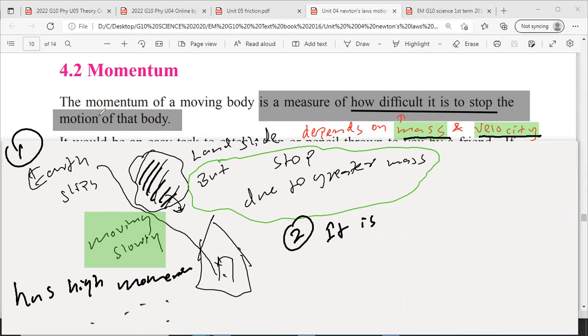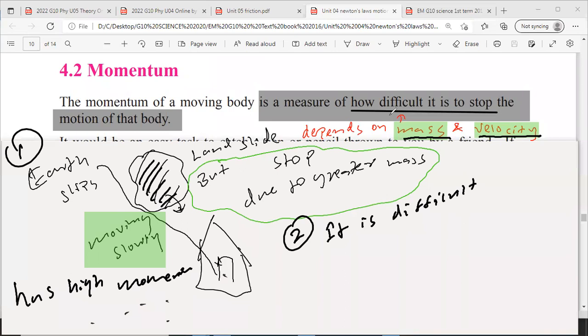Product of mass and velocity. You can highlight here: product of the mass and velocity.